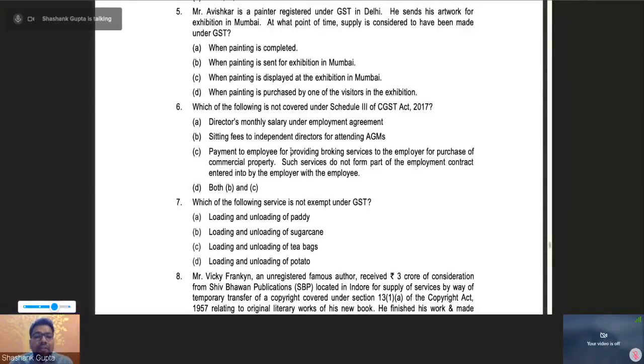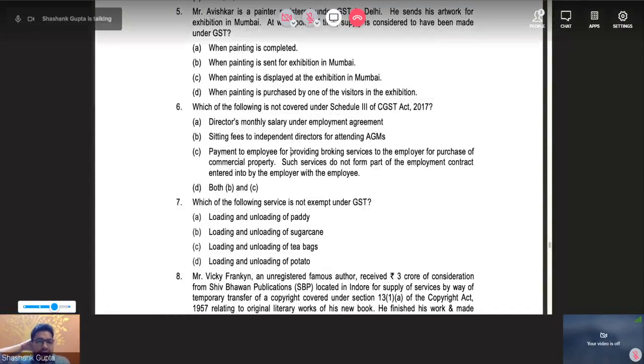Then C option says payment to employee for providing broking services. But such services do not form part of the employment contract. That is, the employee has stepped out of the employment contract and provided some services which are broking services.